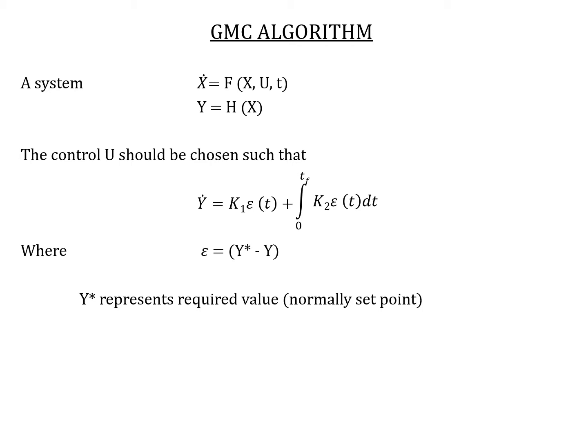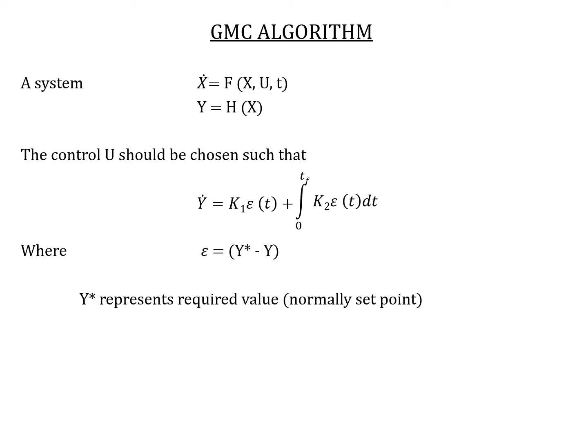So in GMC, we want to design the u so that it follows y dot equals K1 epsilon plus integral of K2 epsilon dt, in this form. K1 and K2, I mentioned before, are the tuning constants. Epsilon is y star minus y, where y star is normally the required value, which is the set point for the control variable. So this is the error, and this is the formulation for the GMC system.